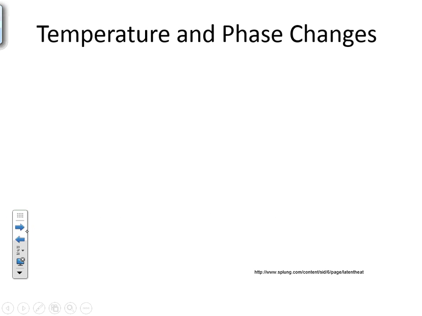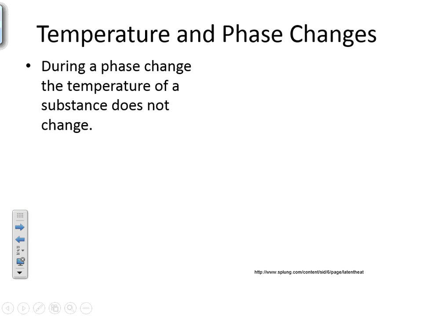When anything goes through a phase change, let's think about it. When ice melts, at what temperature does ice melt? It melts at 32 degrees Fahrenheit, but do we use Fahrenheit in science? No, we use Celsius. It melts at 0 degrees Celsius. During a phase change, the temperature of a substance does not change.